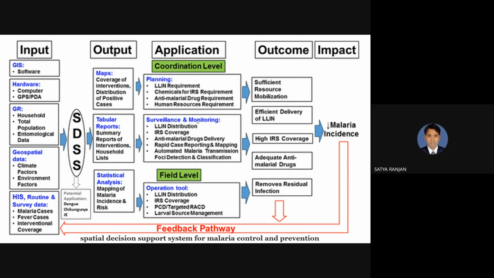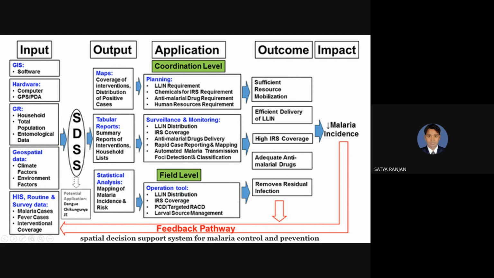Then after getting all this data, there is a planning and coordination level. They decide what is the root cause of this disease and what the monitoring applications are. Then what is the impact on the large level.